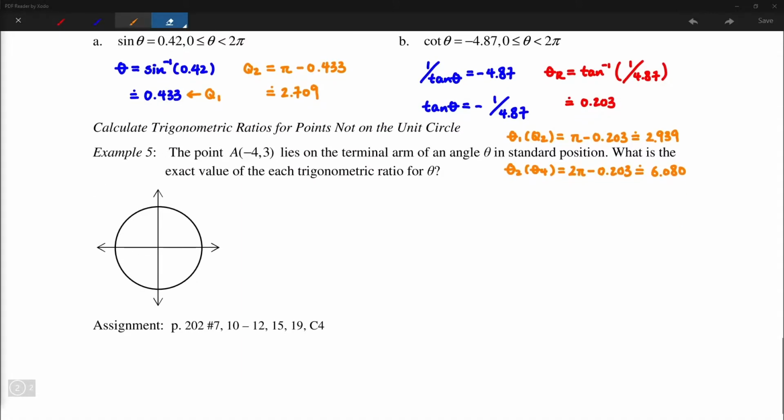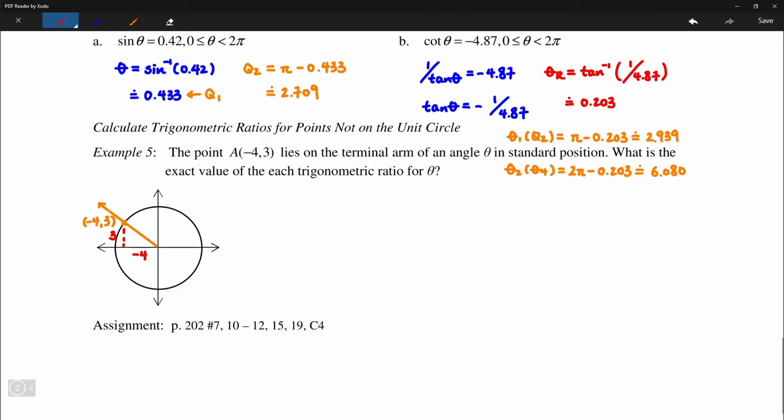So the first thing we're going to do is draw in -4, 3, which is going to be in quadrant number 2, and it is going to be wider than it is tall, since 4 is greater than 3. Go ahead and draw that in. So we know that the x value here is going to be -4. The y value will be 3.